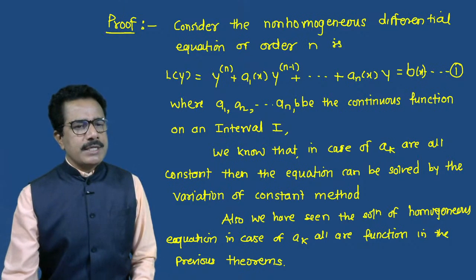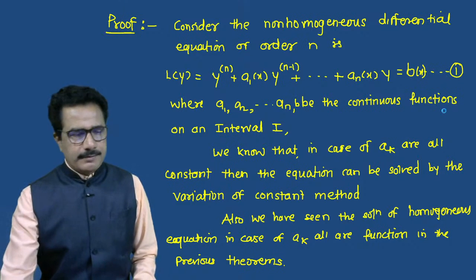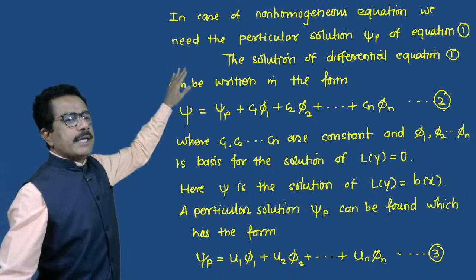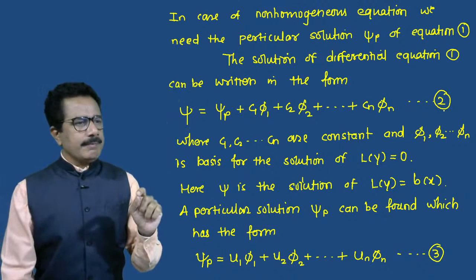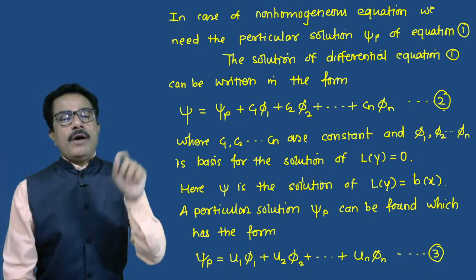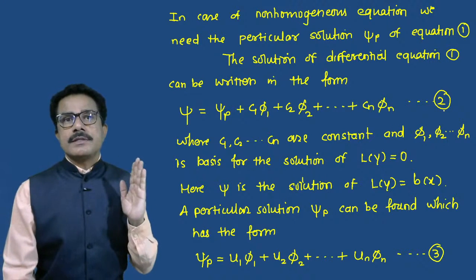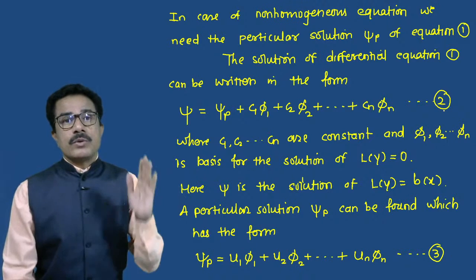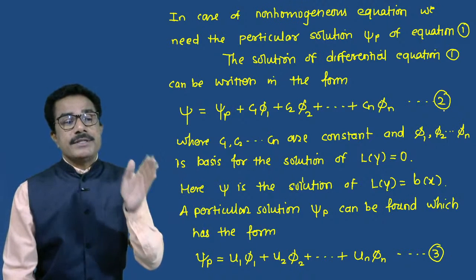So next we shall discuss this. In the case of a non-homogeneous equation we need the particular solution psi p of equation 1, because the particular solution, or the particular function psi p, is very important.